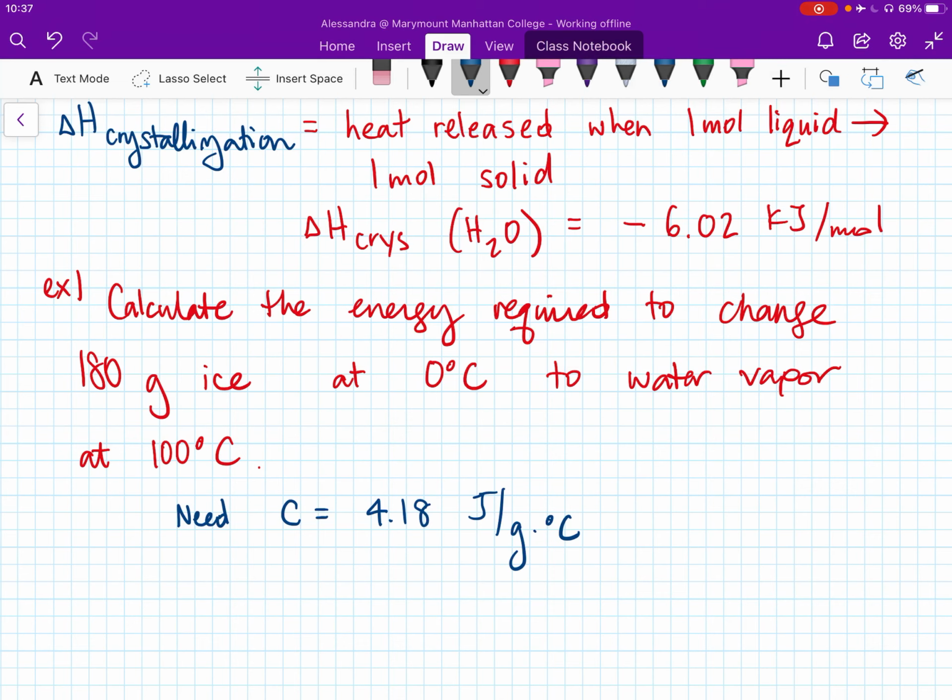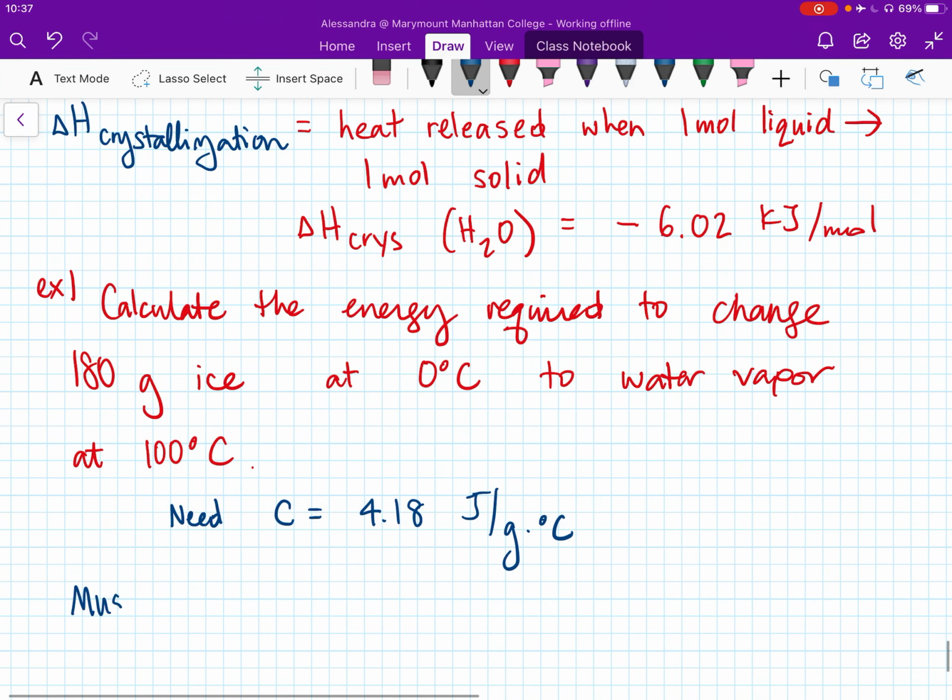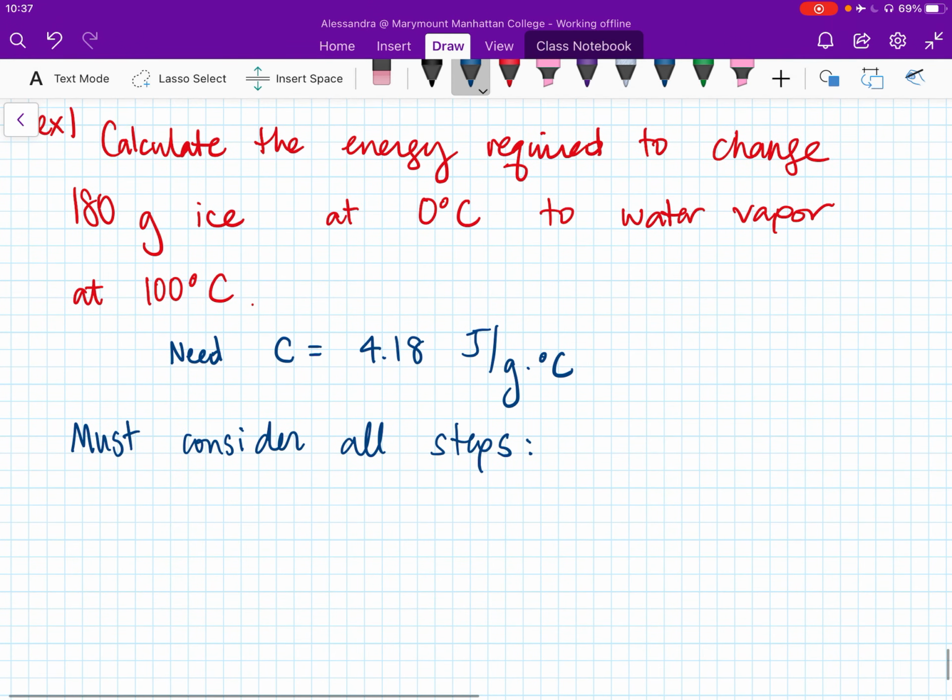All right. As with the thermochemistry problems that we used to do, to solve problems like this, you absolutely must consider all of the steps in the process that you need to undergo to make the change happen.